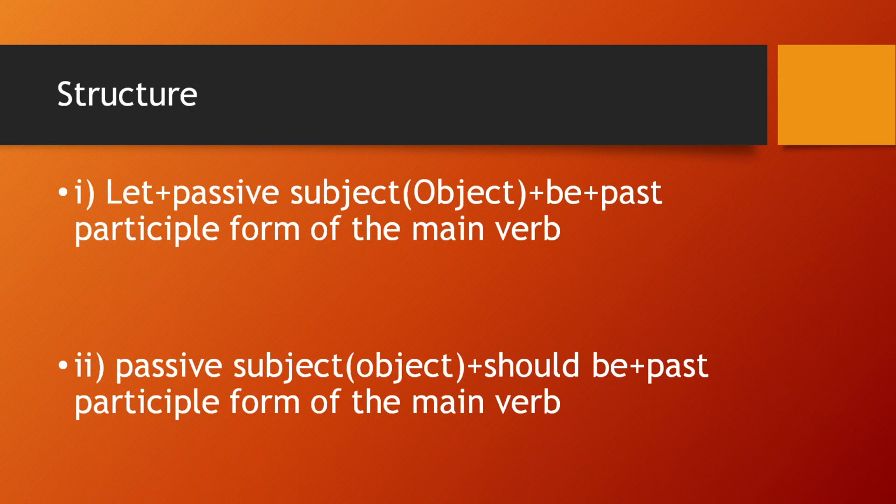I'm repeating. In the first passive form, let plus passive subject, that means the object, plus be plus past participle of the main verb. And in the second passive form, object, that means the passive subject, plus should be, this should be written down, past participle form of the main verb.